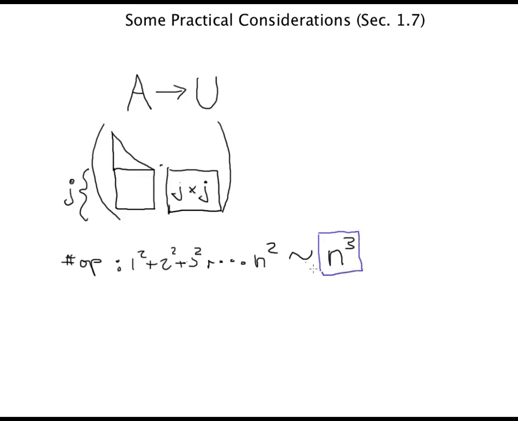If you want more details, see the book on page 50. But the moral of the story is that Gaussian elimination takes approximately n cubed, and that's pretty much the same thing as saying computing the LU decomposition. The cost is approximately n cubed.